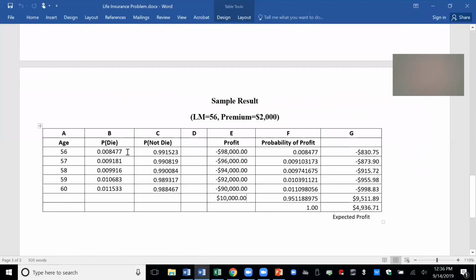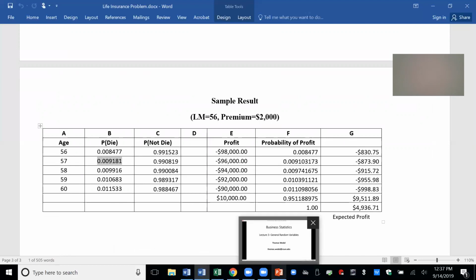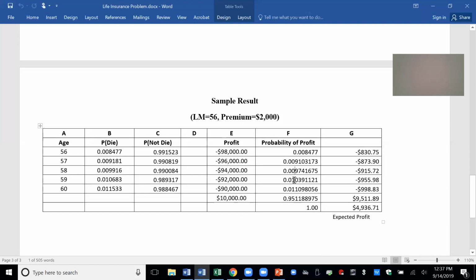So what's the probability that you die during the first year? Well, that's this probability here. What's the probability that you reached year 2 and then died in year 2? It means you didn't die in year 1, so it's this, times then the probability you died in year 2. You died in year 3.